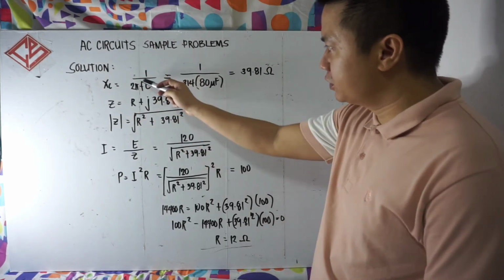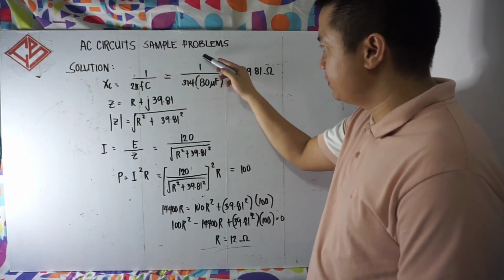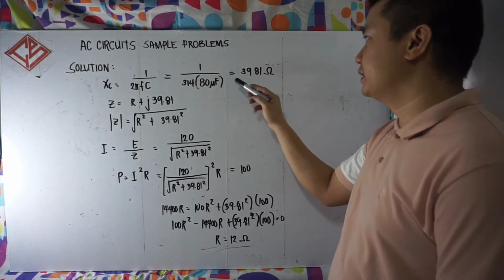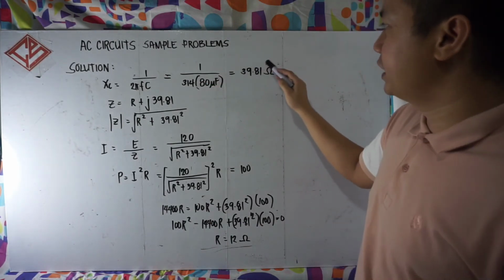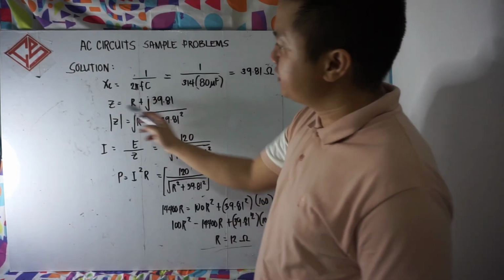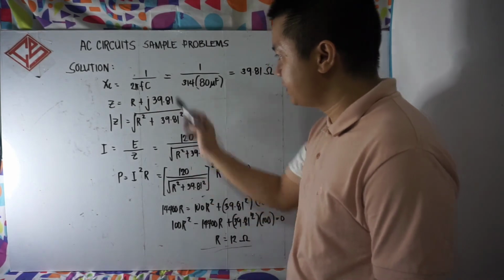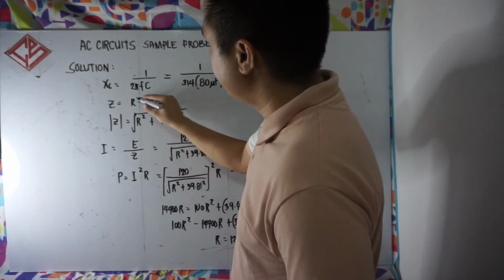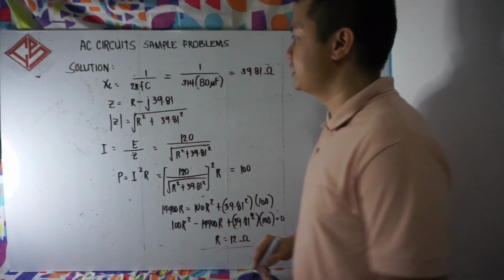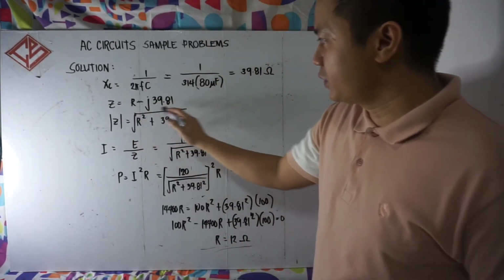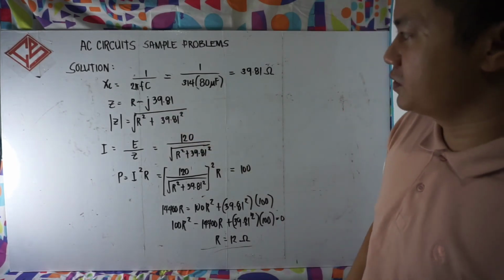That is 1 over 2 pi f C, so that will be 1 over 314 times 80 microfarad. So you will have 39.81 ohms as your XC. So your Z is equal to R minus j 39.81, so the magnitude is the square root of R squared plus 39.81 squared.